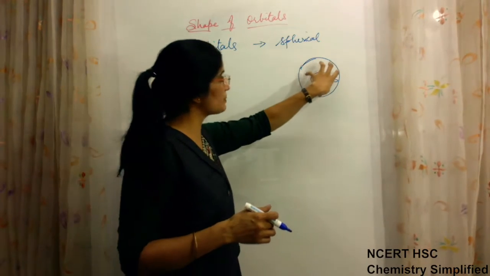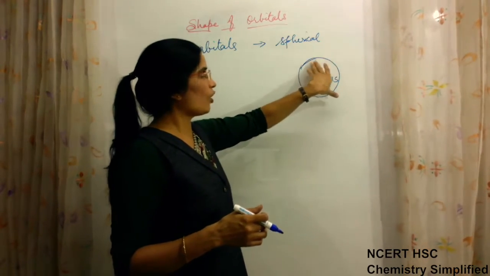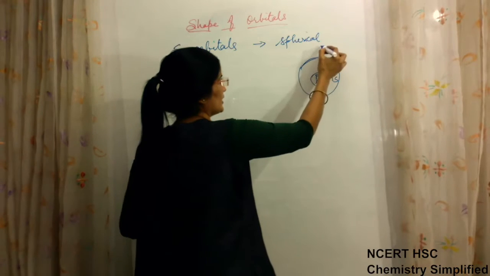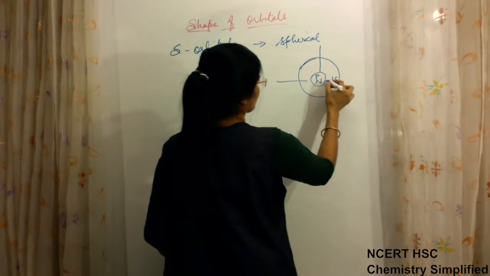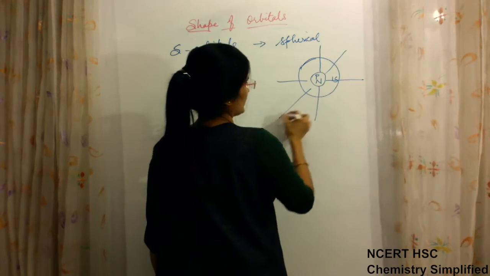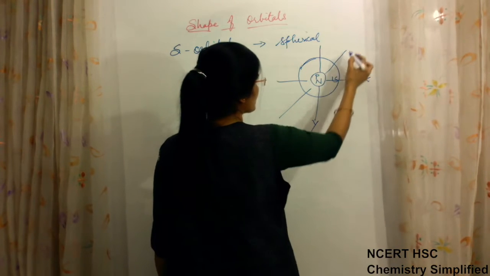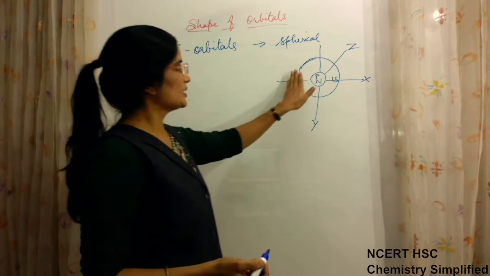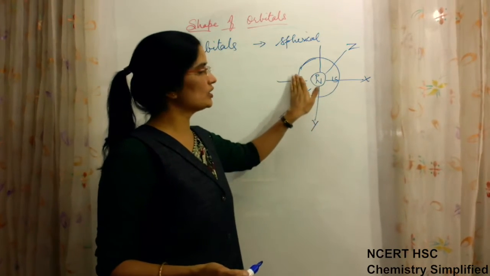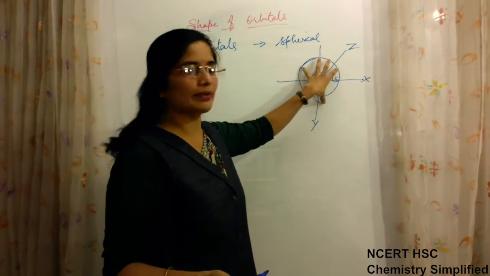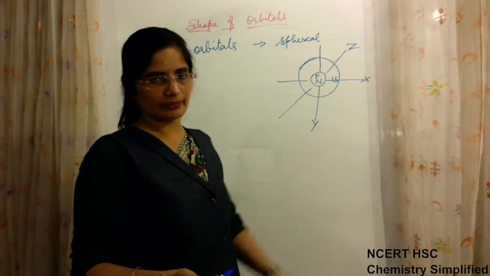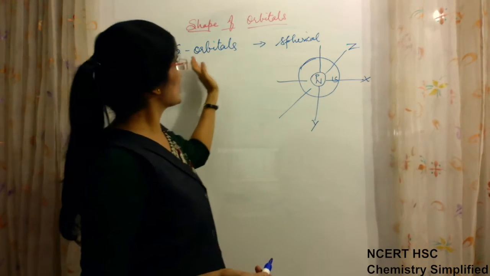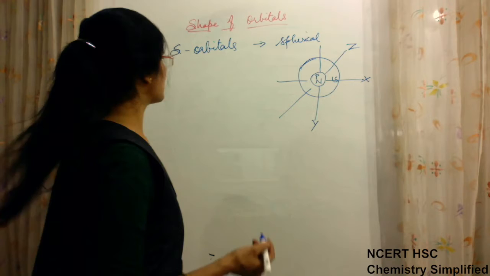Because it is spherical in shape, in all 3 directions, the x-axis, y-axis and z-axis, the probability of finding the electron is equal, because the shape is symmetrical. Clear? So this is the shape of s orbitals.